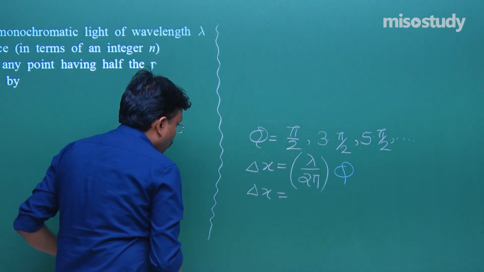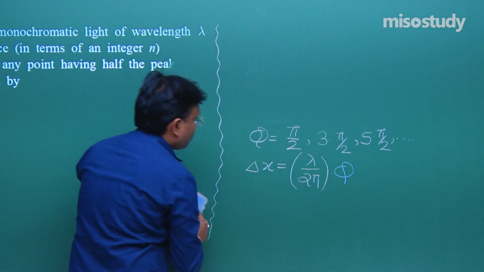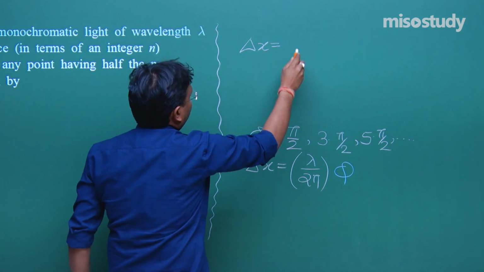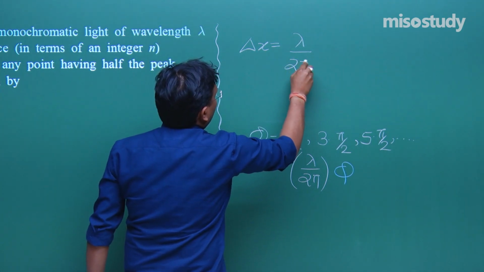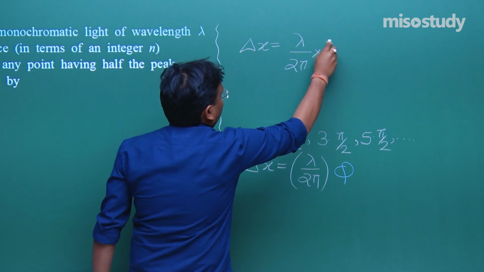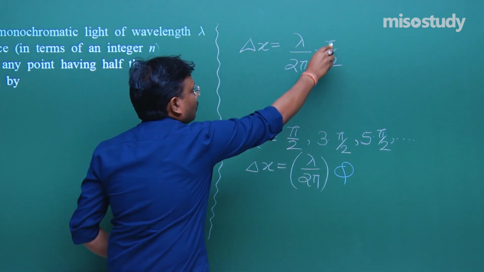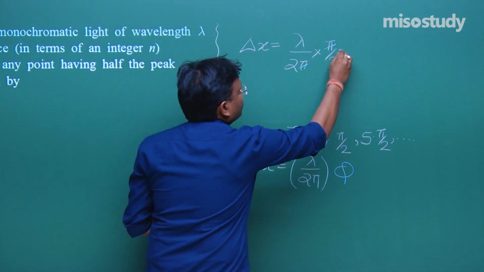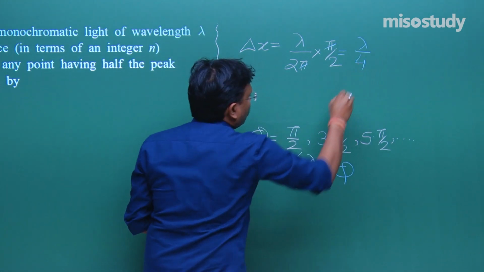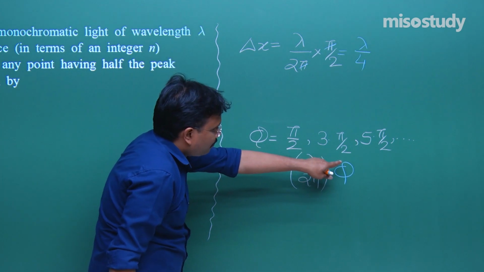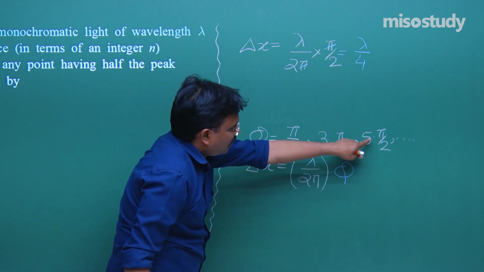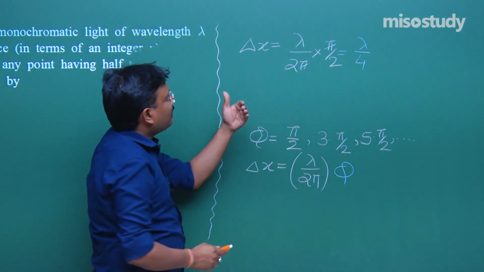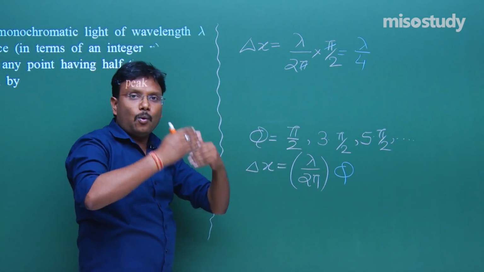So, at this place, delta x is equal to lambda upon 2 pi into pi by 2, so directly I can say lambda by 4. Similarly, you can put 3 pi by 2, then 5 pi by 2 and so on. So, this way I will get values for delta x 1, 2, 3, 4, and so on.